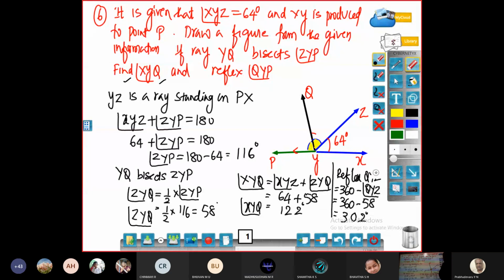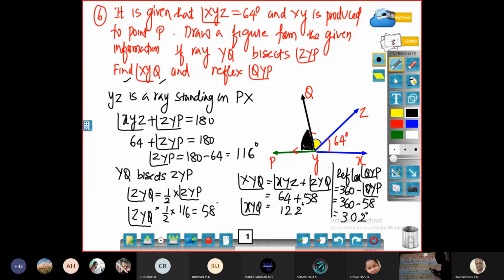So let me remove this, because QYZ was an error. You can write it as the reflex angle of QYP. It is the same, both are 58 degrees. I am going to show it in black color. This is QYP.